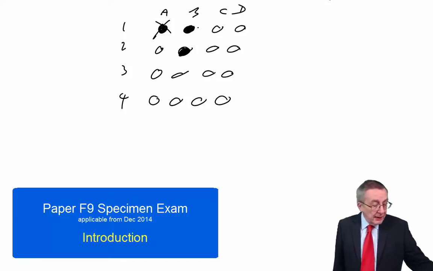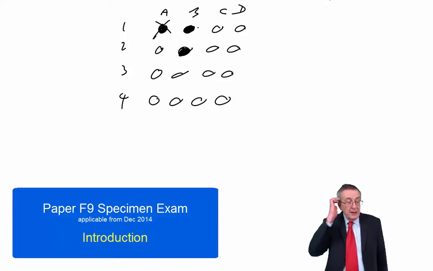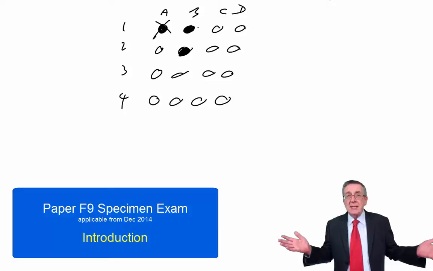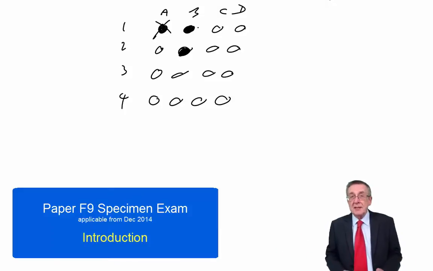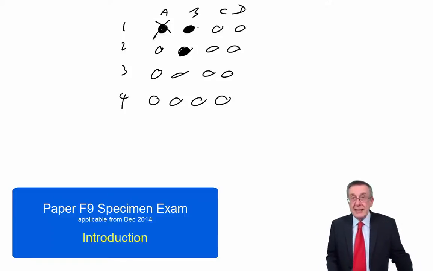And so although, by all means, start doing number 1 first, number 2 second, and so on, don't fall into the trap of getting to number 2 and spending 20 minutes and still not being able to get an answer. If you're stuck, if you're having problems with the question, if it's a lot to read, if it's something you know you're not very good at, leave it, carry on.